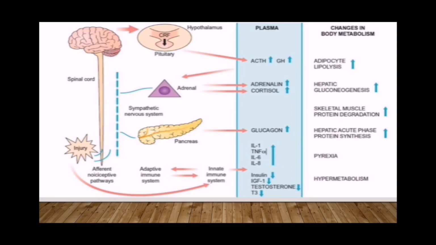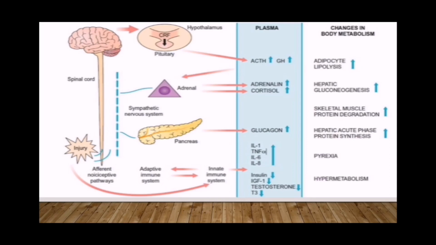If there is an injury, the afferent nociceptor pathway sends signals to the spinal cord, and from the spinal cord to the upper areas like the brain, cerebellum, and medulla, and then goes to the hypothalamus.